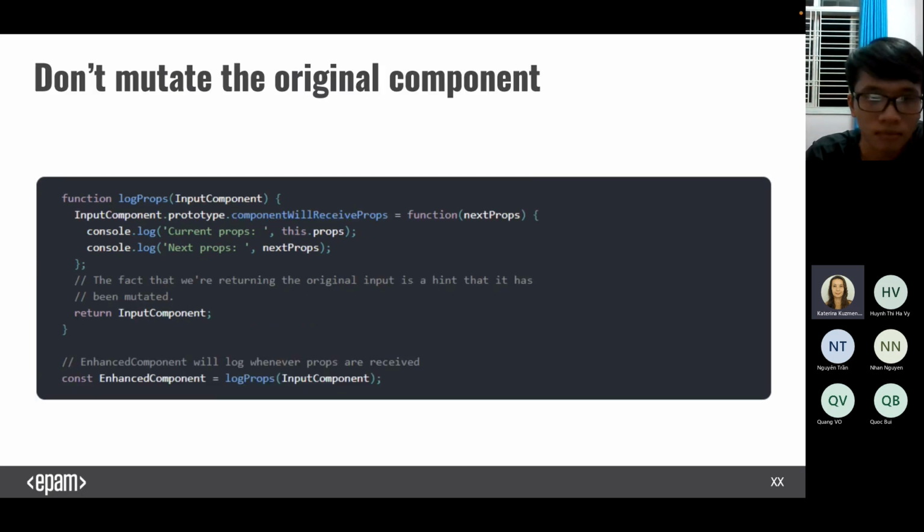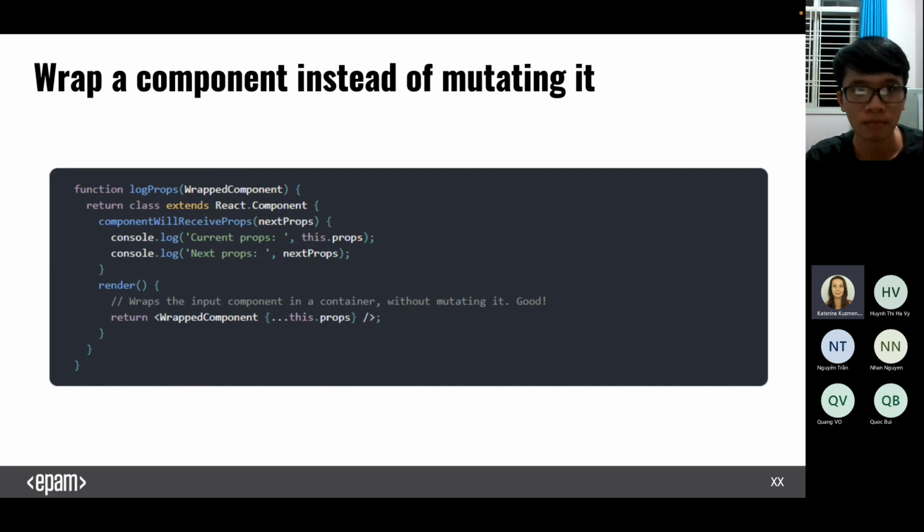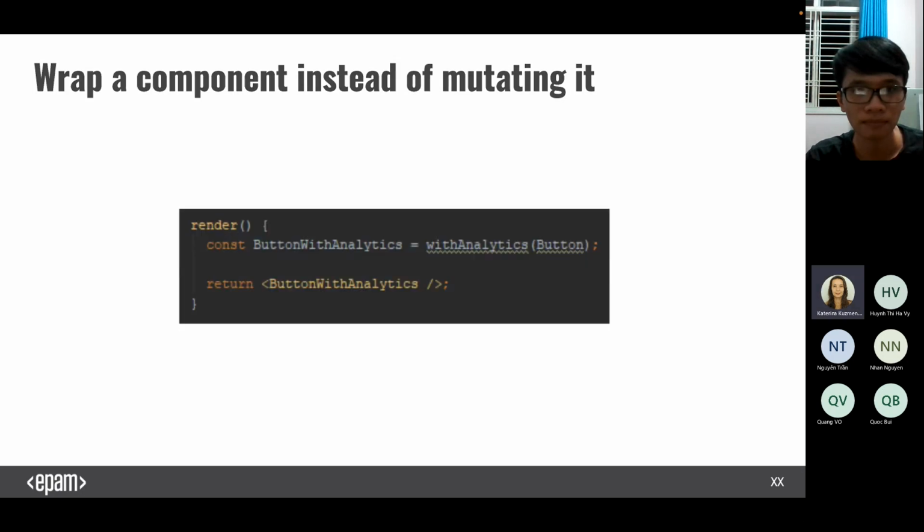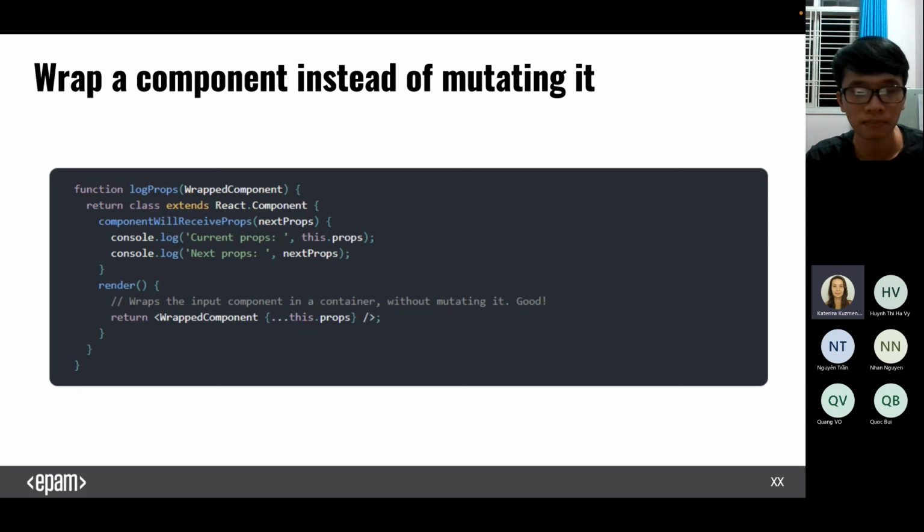So here we have a higher-order component which we've created, logProps, and it will log whatever props are received. And it's really good that we return a class which extends React Component.